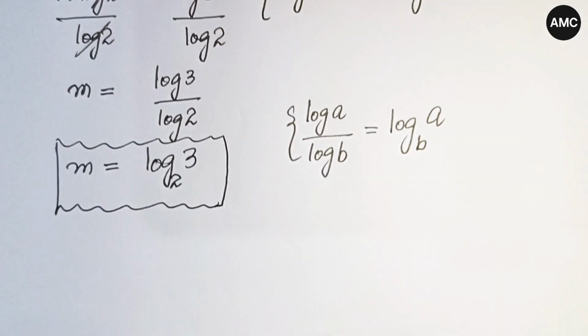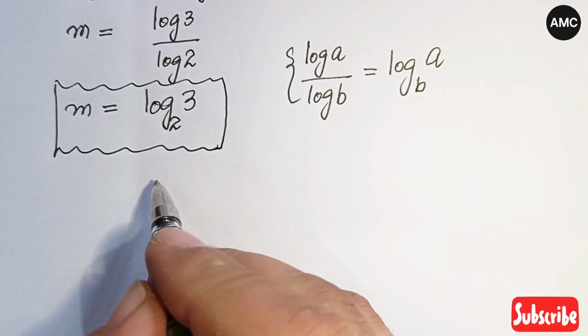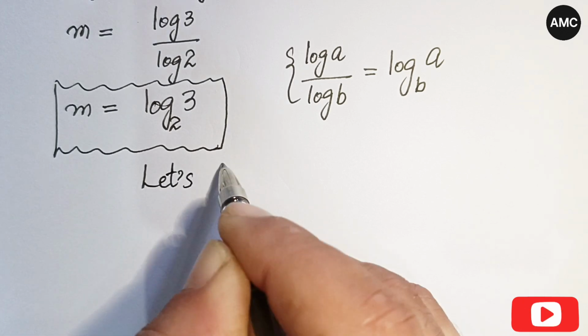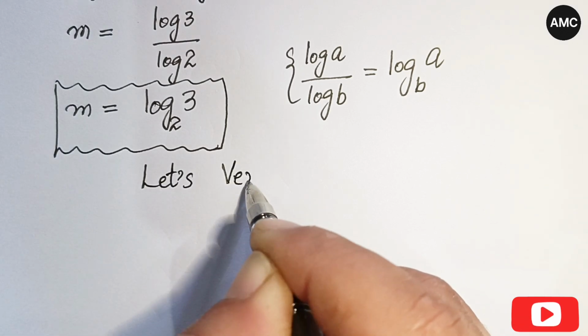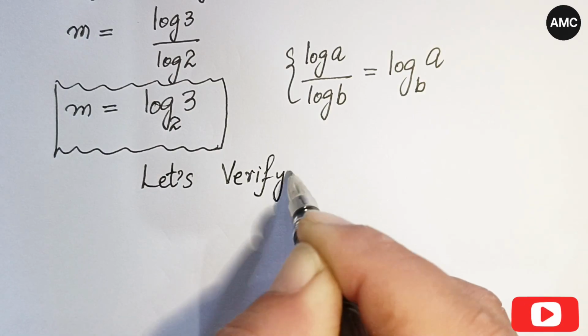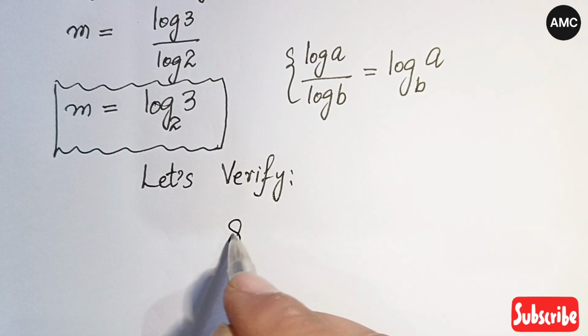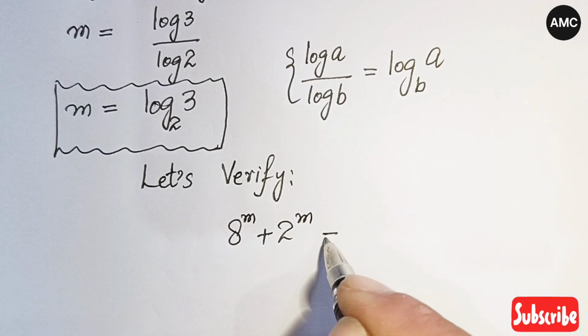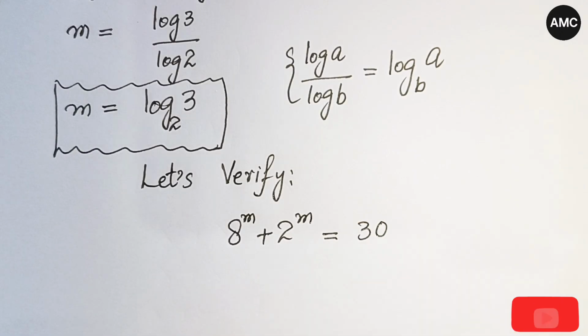Now it is our final value of m. So let's verify our result. For verification we just rewrite our problem, which is 8 to the power m plus 2 to the power m is equal to 30.